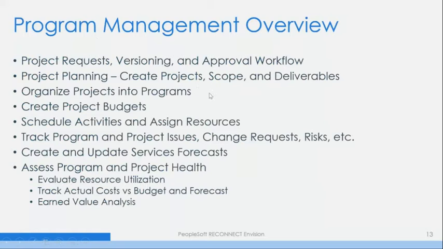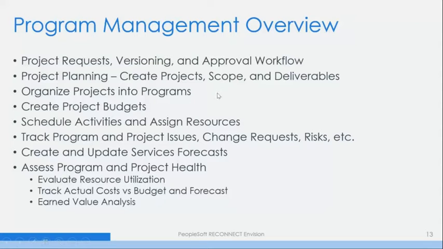You use program management for project planning, so creating individual projects, scope of projects, and deliverables. You can organize the projects into programs, creating what's called a program tree. So if you have certain programs that have projects rolling up to it, the trees actually allow you to roll up your metrics, which could include project costs, project budget, looking at variances, looking at the health of projects.